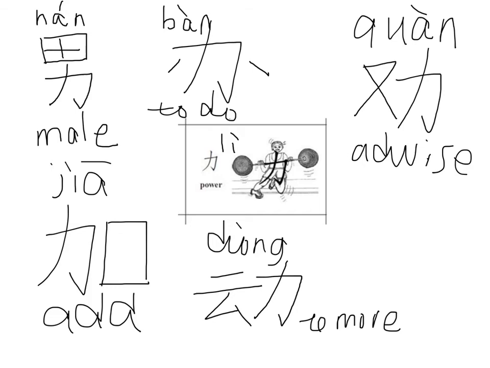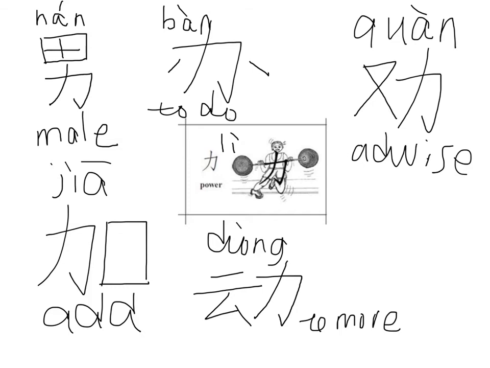So in order to advise you to clean your room, for example, your mom will use her power. Again, you have to do this, you have to clean it, and one more time, again, she advises you to clean the room. So it means 劝. Okay.